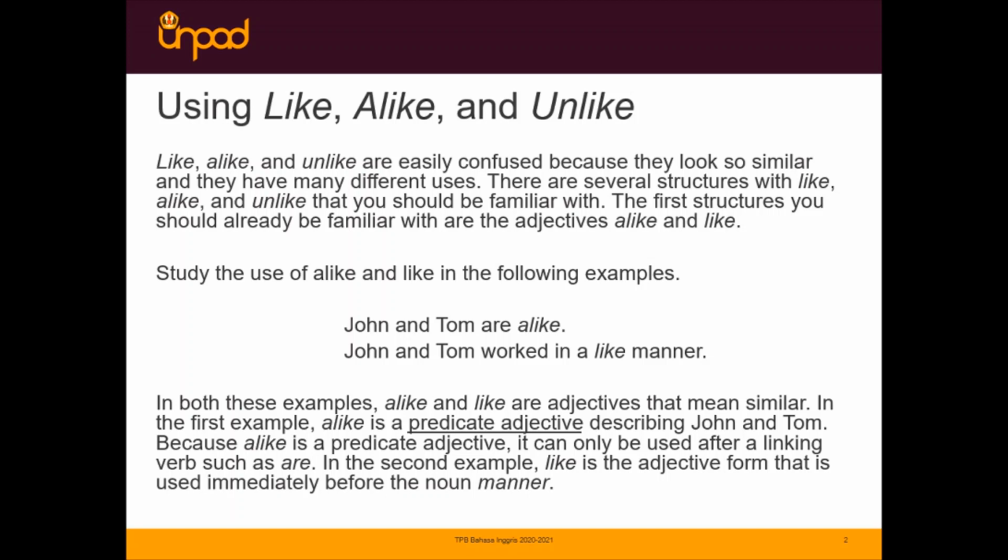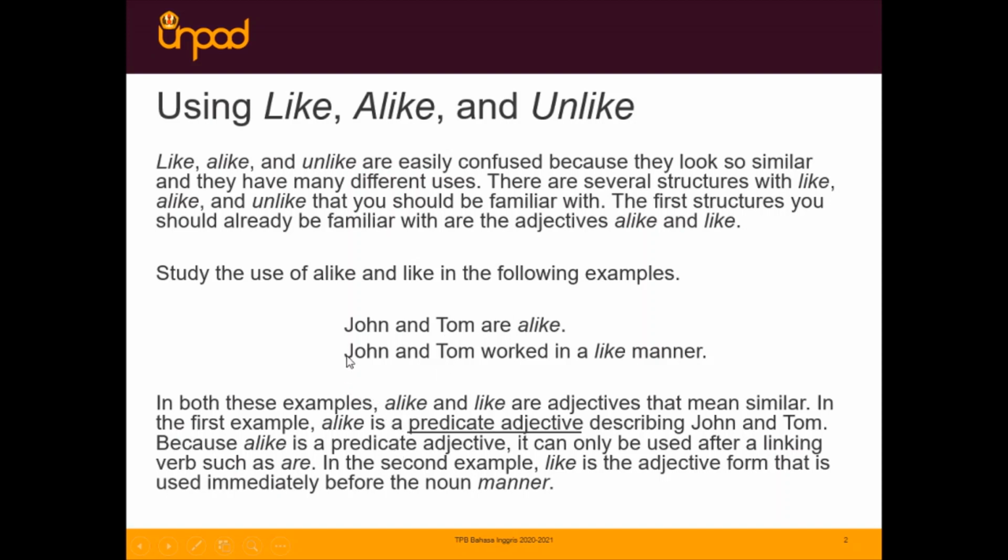Because alike is a predicate adjective, it can only be used after a linking verb such as are. The most common linking verbs that you need to know are verbs to be, such as this one, are, for the subject John and Tom.